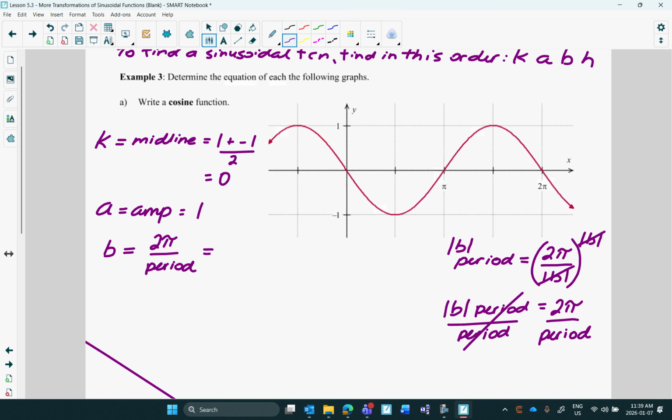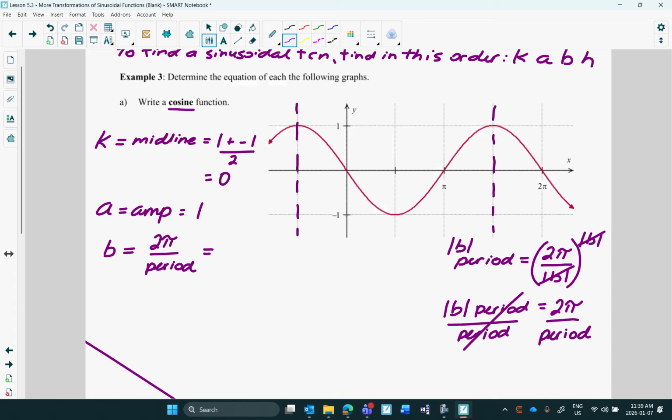Remember, we're asked to write a cosine function. Where do you see a cosine function starting and ending? Where do you see it starting? Here, right? Because doesn't it start up top? And it ends here. Right?